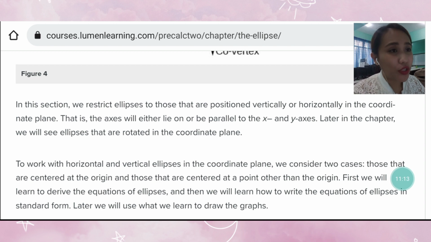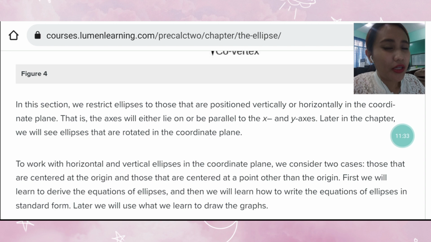Later in the chapter, we will see ellipses that are rotated in the coordinate plane. So there are ellipses that are not just horizontal or vertical, but can be rotated in our Cartesian plane. To work with horizontal and vertical ellipses in the coordinate plane, we consider two cases: those that are centered on the origin and those that are centered at a point other than the origin.